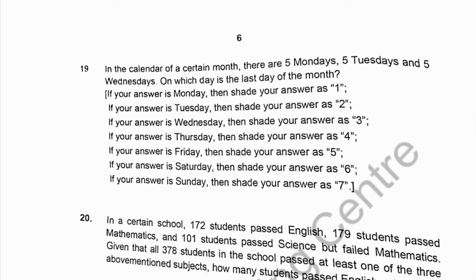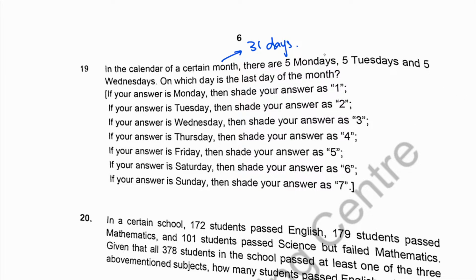Question 19. In the calendar of a certain month, there are 5 Mondays, 5 Tuesdays, and 5 Wednesdays. Okay, so the month must have 31 days, right? Because if there are only 30 days, then there will be 4 of each day and then 2 left over.